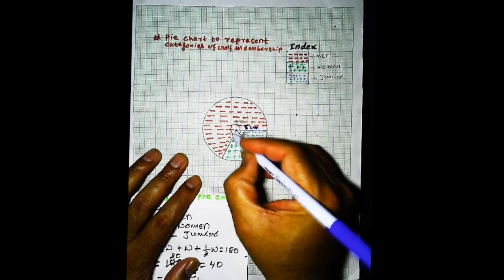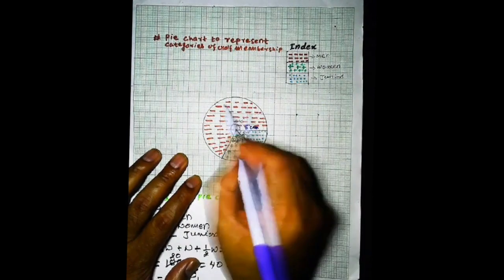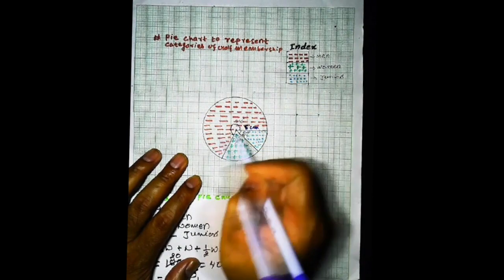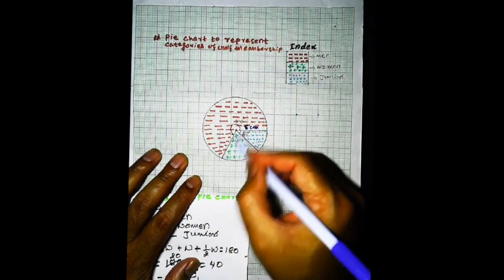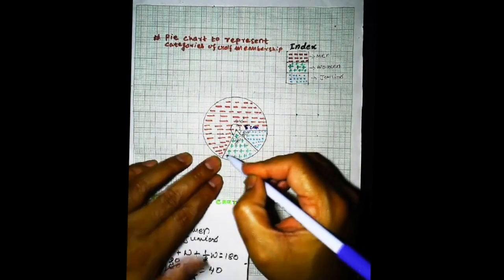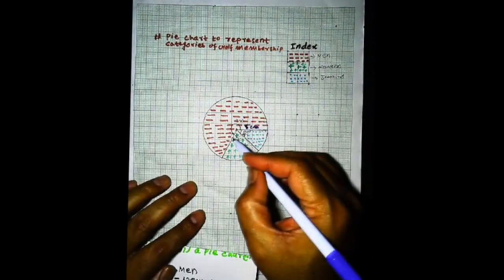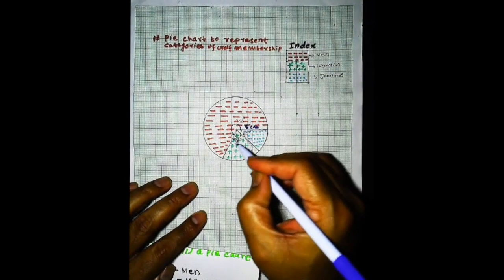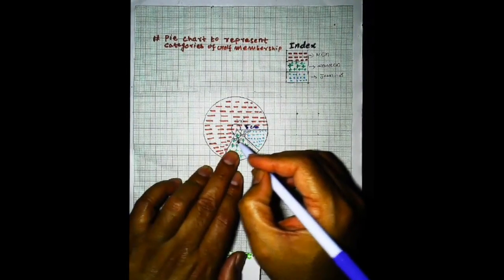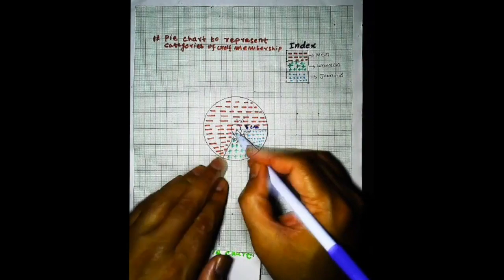Then give one sort of color or sign, and your other line is here. Now take this line as the reference to draw 80 degrees. About this line you measure 80 degrees, and your other degree measure will be represented by this sector.